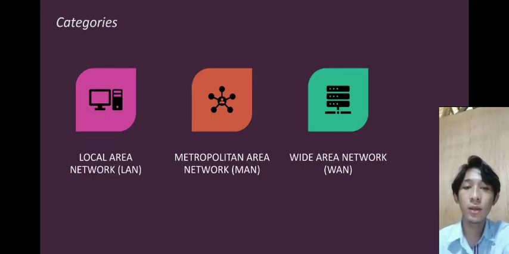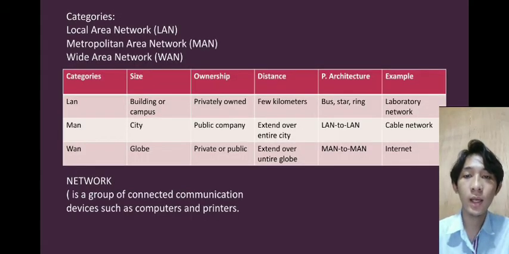Categories. Local area network or LAN. Metropolitan area network or MAN. Wide area network or WAN. Categories. LAN. Size. Building, campus, or company. Ownership. Privately owned. Distance. A few kilometers. Architecture. Bus, star or ring. Example. Laboratory.